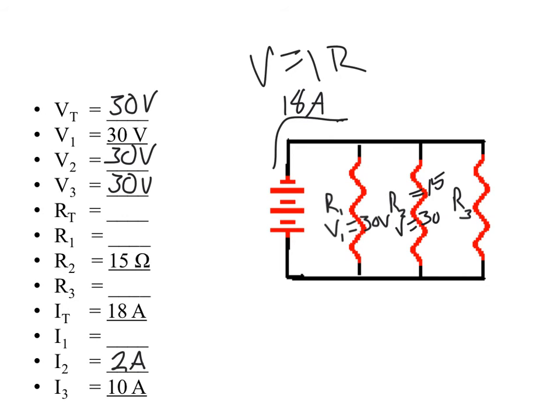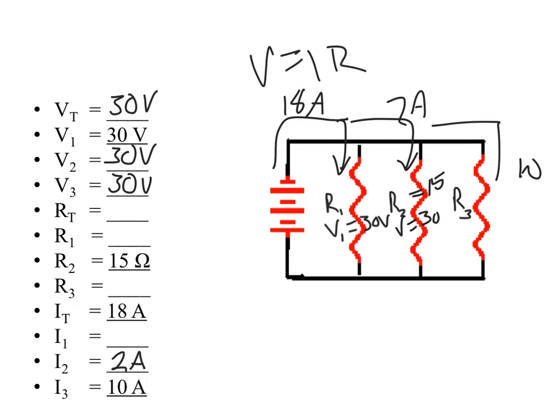And that 18 amps is going to split. Some of it's going to go this way. 2 amps is going to go down that way. And 10 amps is going to go through resistor 3. That's what the thing on the side tells me. So if 2 amps goes through resistor 2, 10 amps goes through resistor 3, that's a total of 12 amps.